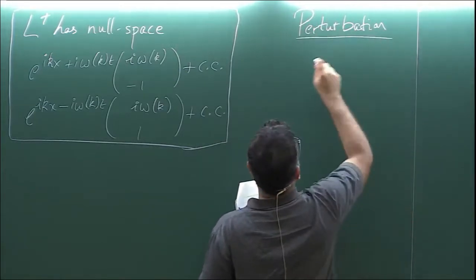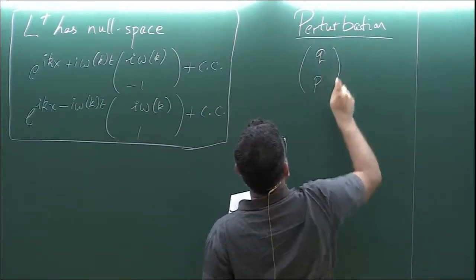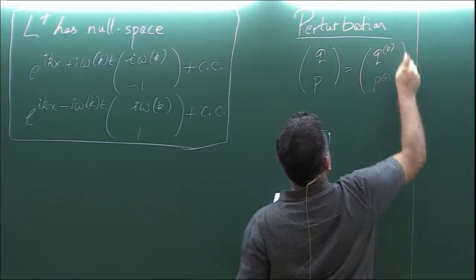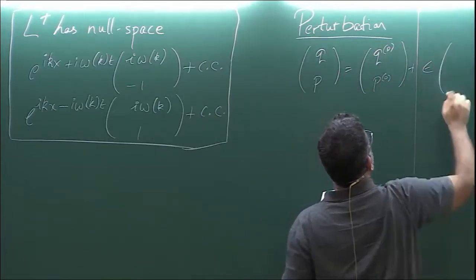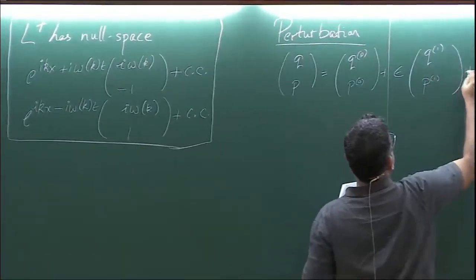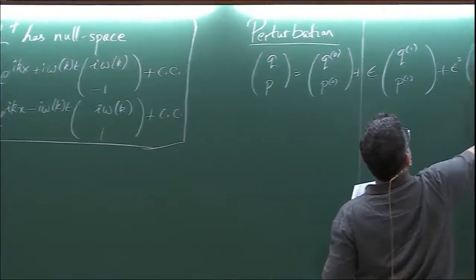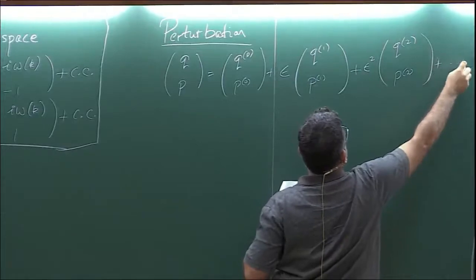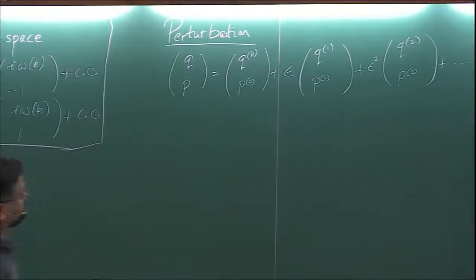So let's start the perturbation series to be QP, to be Q0, P0, plus epsilon Q1, P1, plus epsilon squared Q2, P2. Any questions so far?